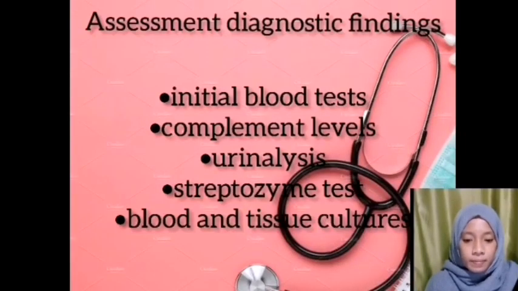Assessment and diagnostic findings. There are a lot of renal syndromes that may mimic the symptoms of acute GN, so accurate assessment and diagnosis is essential. Initial blood test: a CBC is performed. A decrease in the hematocrit may demonstrate dilutional anemia in the setting of infection.